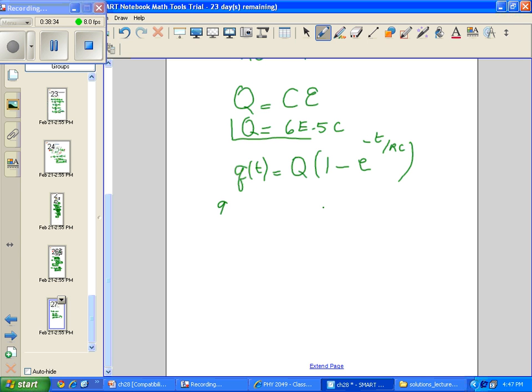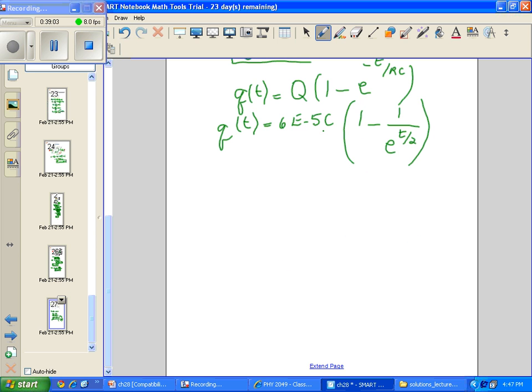Well, let's go ahead and substitute to get the actual functional form. Q is 6 e to the minus 5 coulombs times 1 minus, and because we have a negative for the exponent, we can write this as 1 over e to the t over 4. There's the function Q as a function of time.